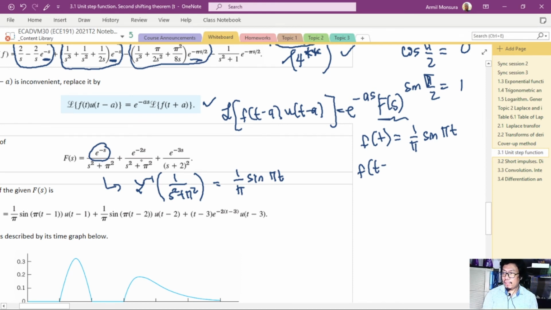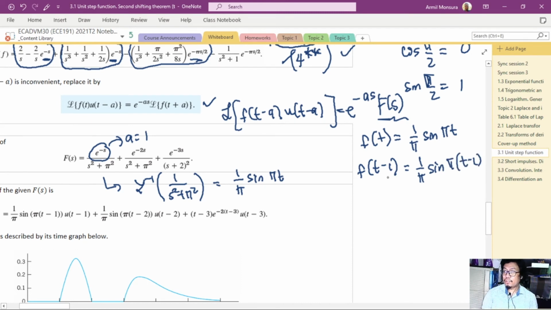We find from e raised to negative as that a is 1. So we have to find f of t minus 1. That means we simply replace t with t minus 1, so we'll have 1 over pi times sine of pi times t minus 1.